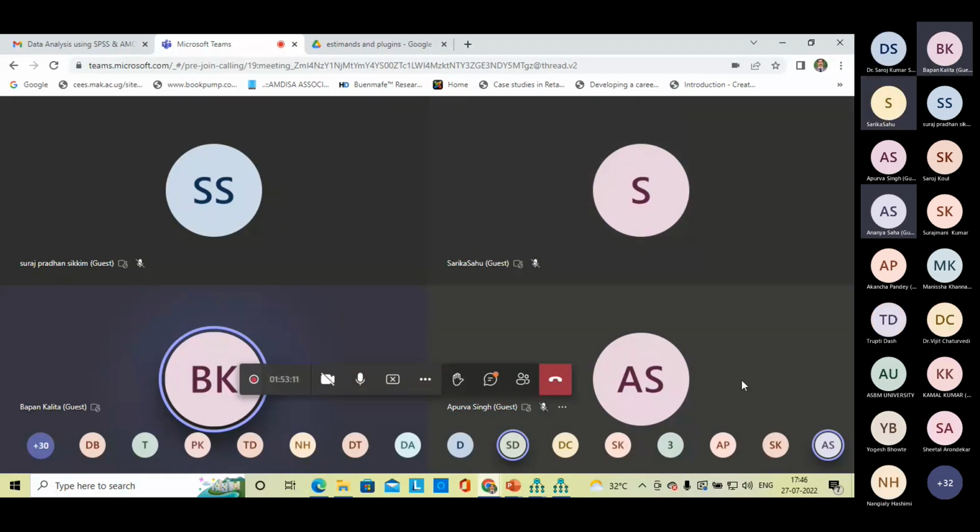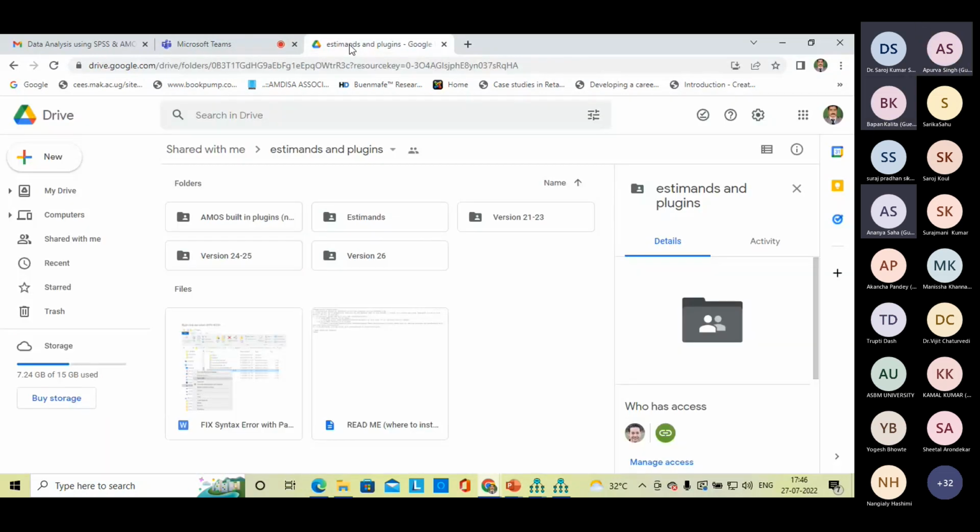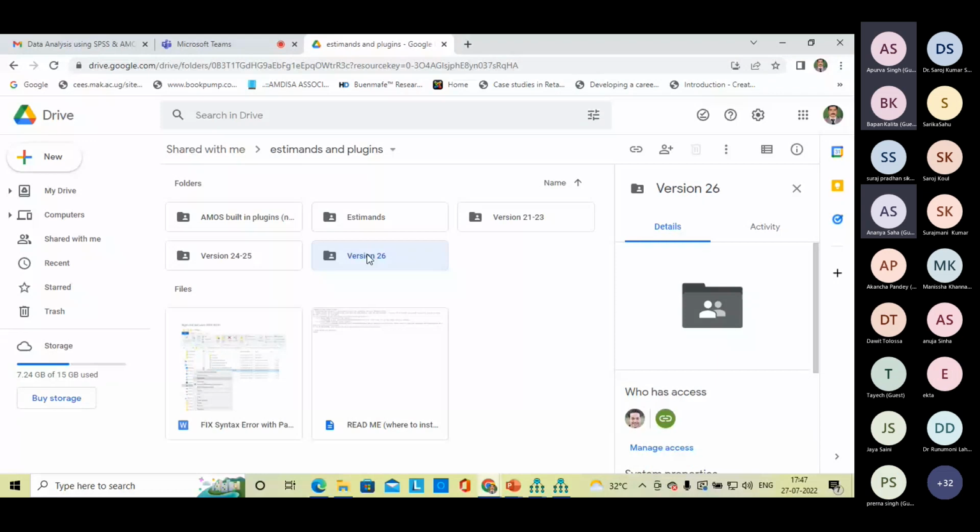Sir, there are a number of files, so we need to download all the files. No, only version 26, because I have said version 26. In version 26, there are a number of files: pattern matrix, Amos 26, Amos master validity.